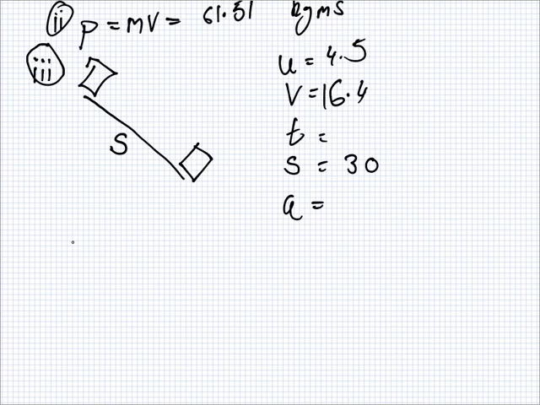And I asked you which formula. s equals ut? No. I said u plus v over 2 times t. This one. Yeah, really, because we know u, v, and s and we can get the t.